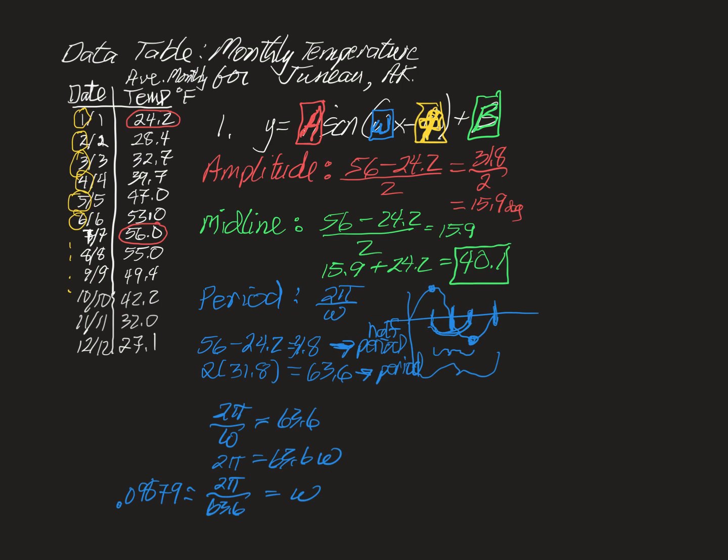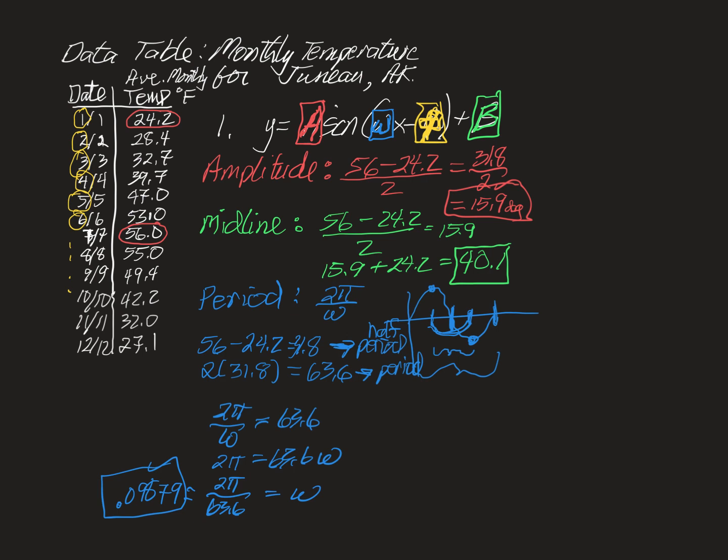And so say we pick April, all right? So April is 4 and the temperature is 39.7. So we fill in all the other information that we have. So let me circle all these pieces of information and we put them in the function.